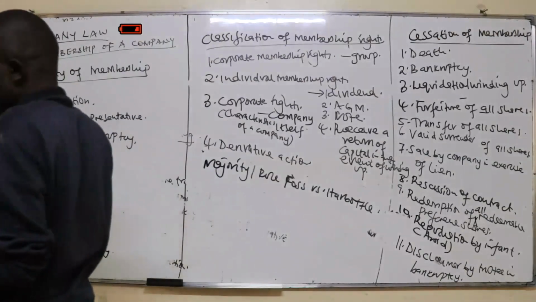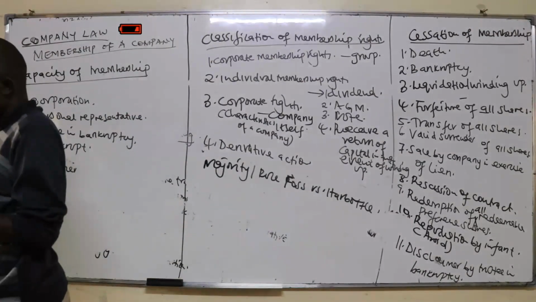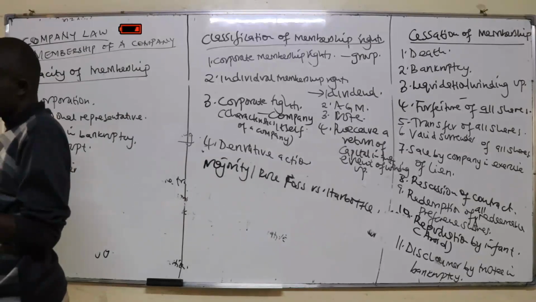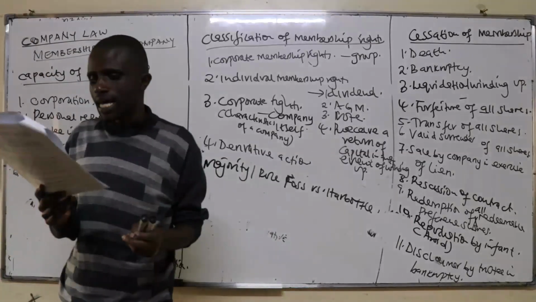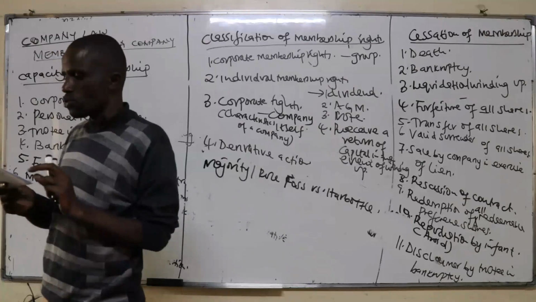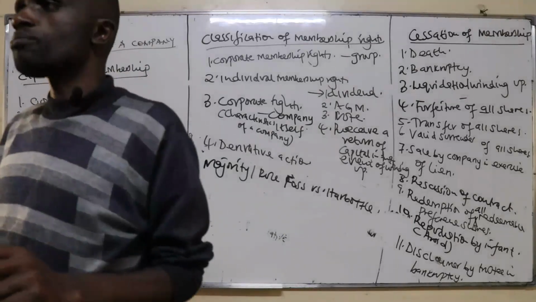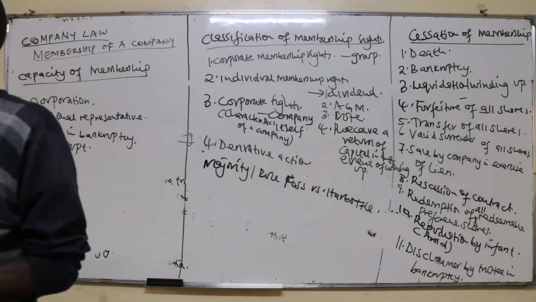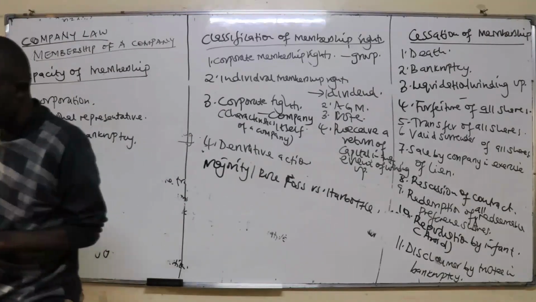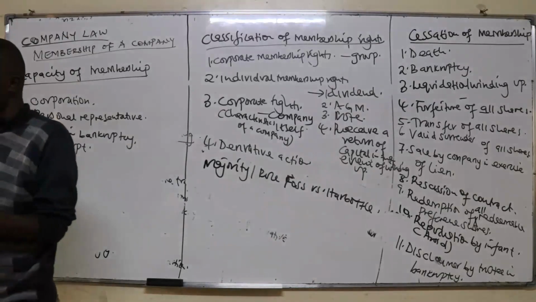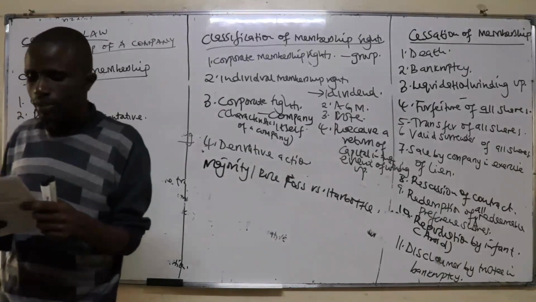It's also called Foss versus Harbottle, also the majority rule. So in other words, companies have the right to make their own decisions, and they make their decisions through the majority.